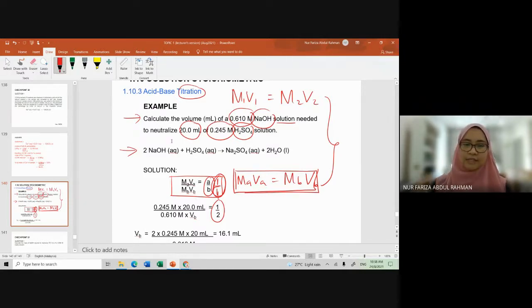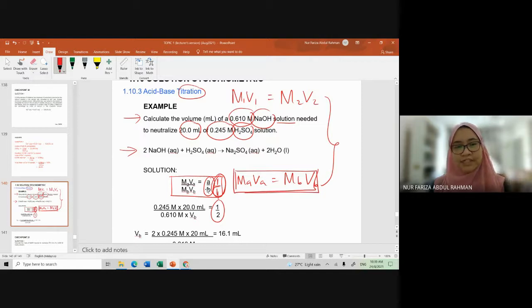Pakai dimensional analysis. After all, this formula is a simplified form of the method, like for example dimensional analysis. They simplify and form a formula for acid base titration.